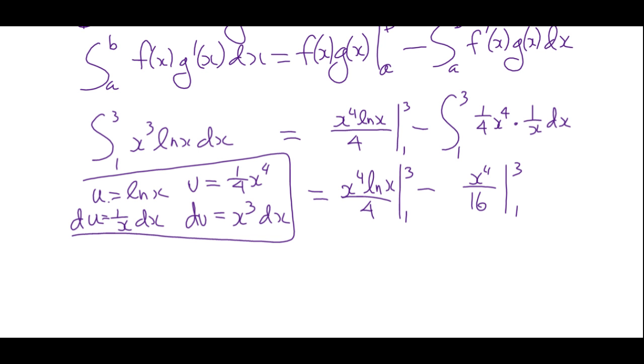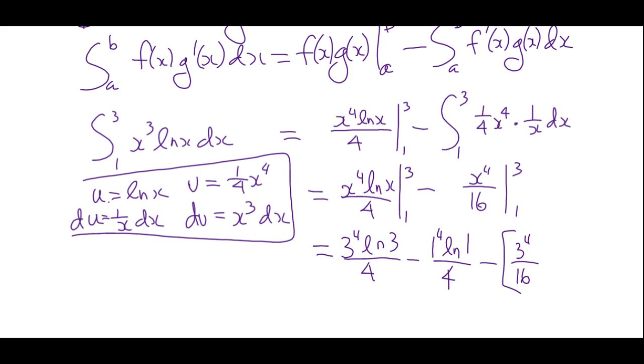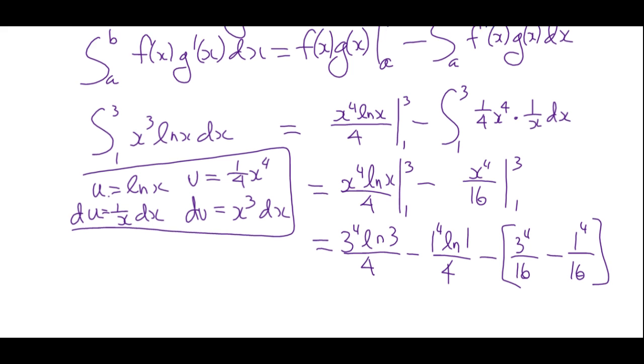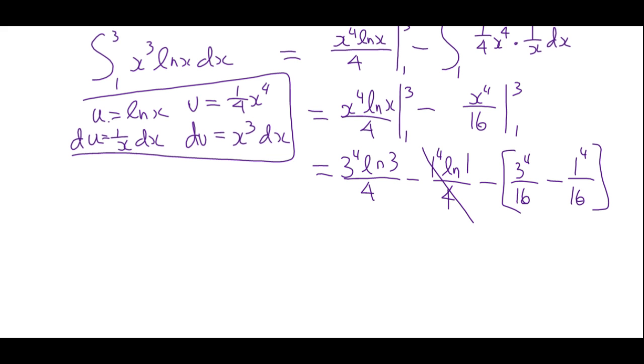Okay, and now we can substitute in. So 3 to the fourth ln 3 over 4 minus 1 to the fourth ln 1 over 4 minus 3 to the fourth over 16 minus 1 to the fourth over 16. Right. Ln of 1 is 0, right?